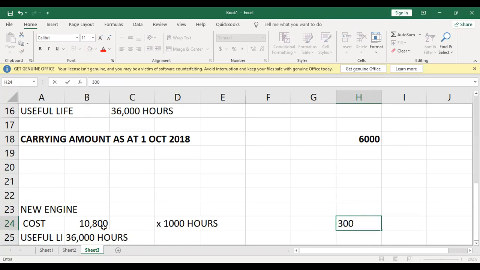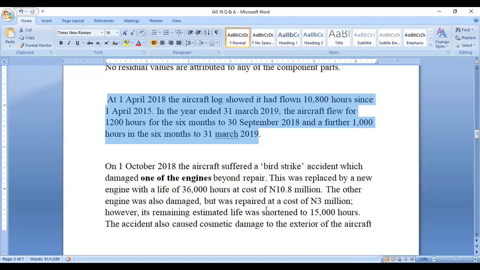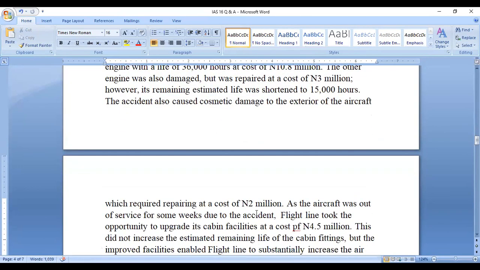Then let me go back to the question. We are told that the other engine was also damaged, but was repaired at a cost of 3 million. However, its remaining estimated life was shortened to 15,000 hours. Let's see if we were told the additional hours it flew.